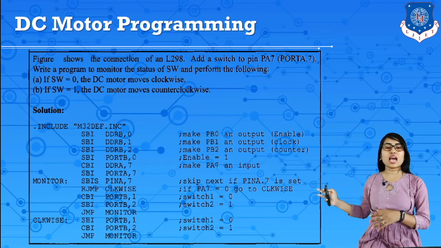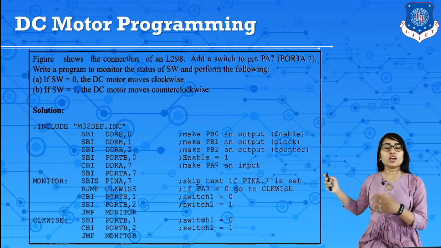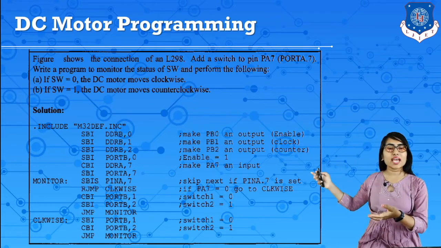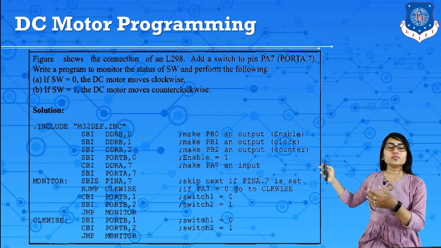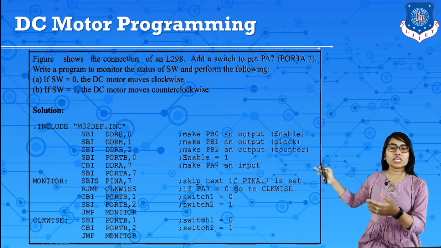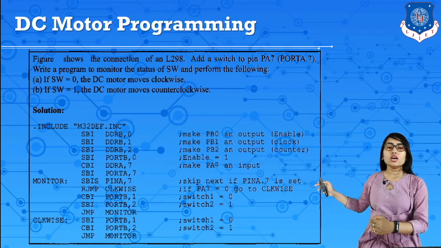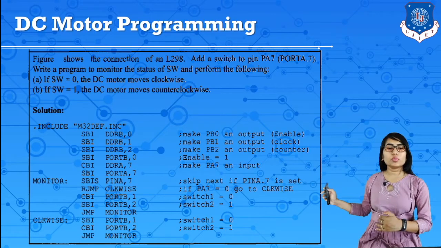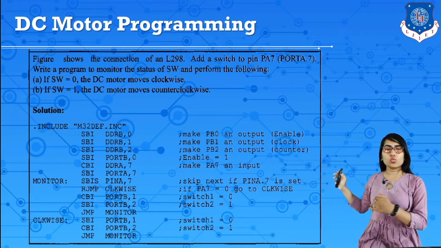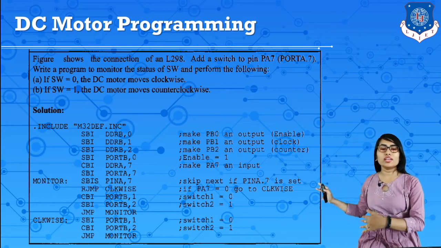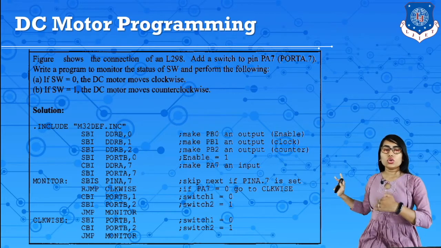Okay, so this is how both can be done, depending on how these bits are set. In anti-clockwise, the first bit is 0 and the second bit is 1, while in this other case the port B bit is equal to 1. Okay, switch 1 is equal to 1 and switch 2 is equal to 0.